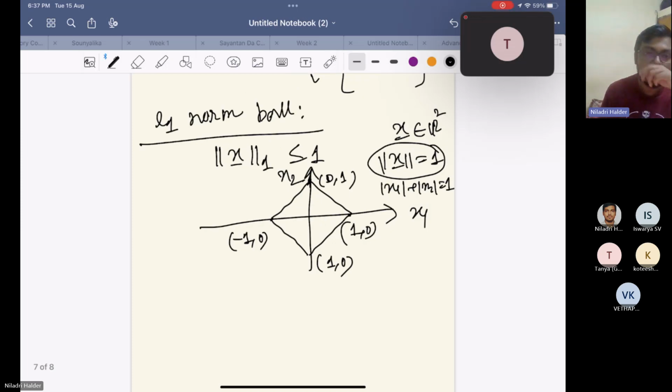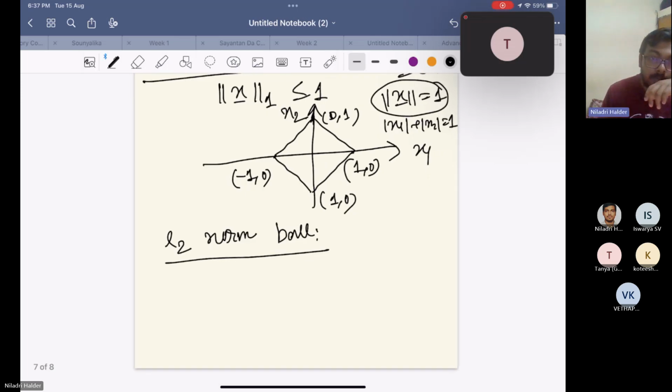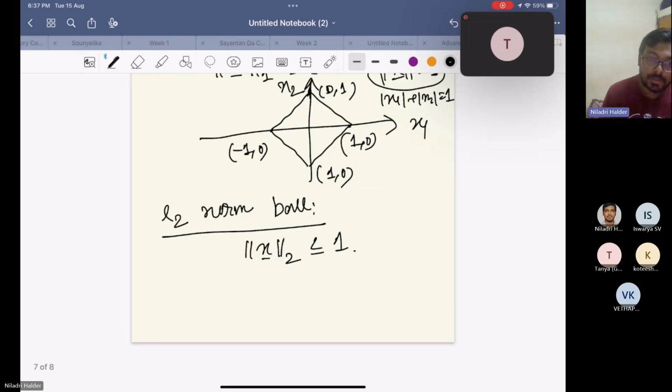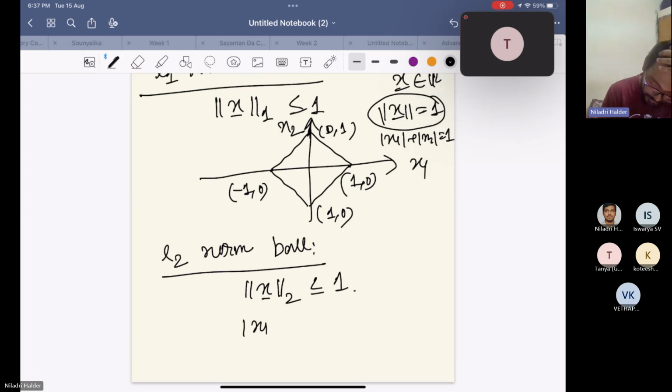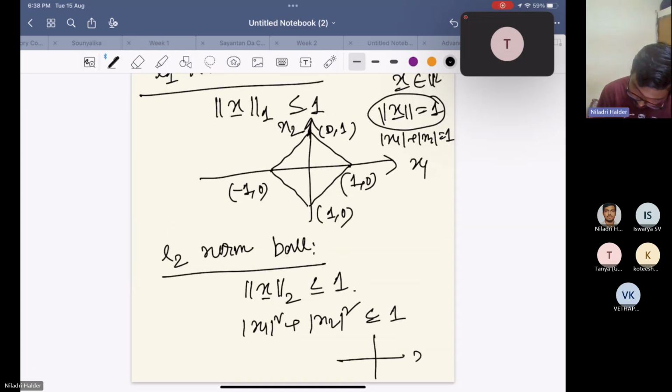So this is the L1 norm ball, and what should be the L2 norm ball? The L2 norm ball is where x1 square plus x2 square is less than or equal to 1. Suppose these are the axes x1 and x2, then this is the unit circle.